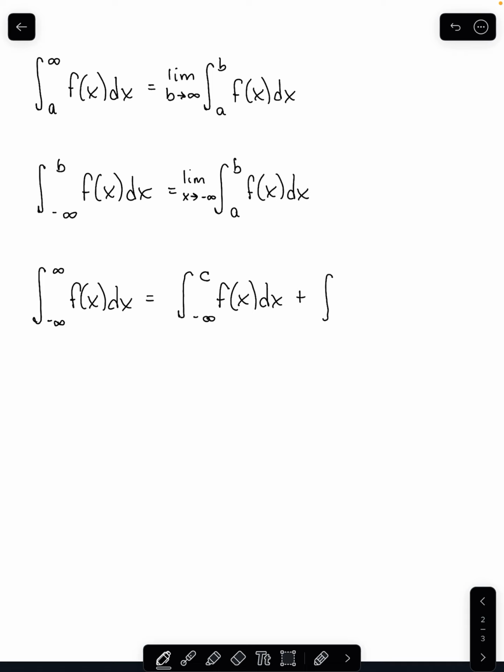And therefore, we can integrate to the left side of that value and then separately to the right side of that value. So we can have a region that is unbounded to the right, to the left, or to both sides.